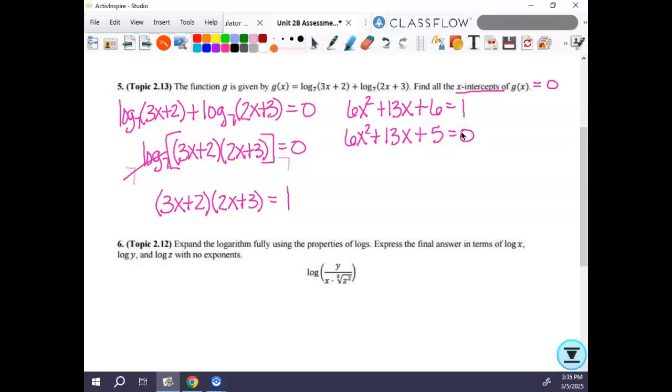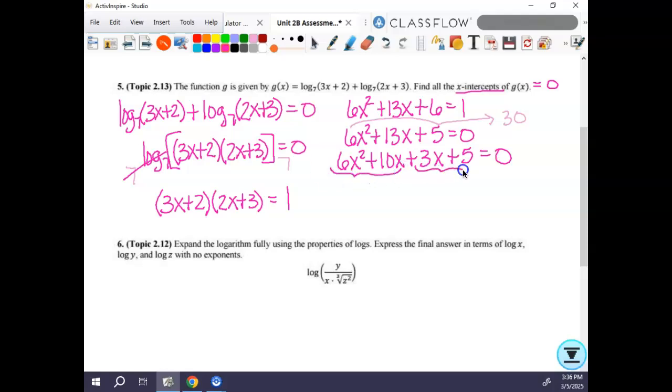I need to factor. A is not 1, so I can't jump to the equal signs. I need to factor by grouping, and 6 times 5 is 30. So I need two numbers that multiply to give me a positive 30 and add to give me 13. So that'll be 6x squared plus 10x plus 3x plus 5 equals 0.